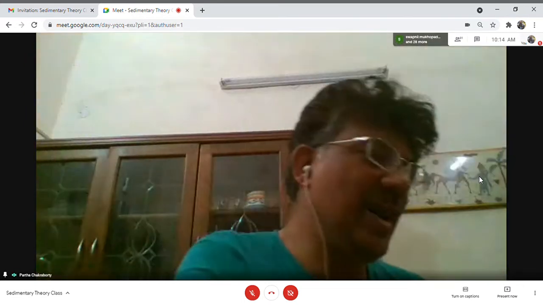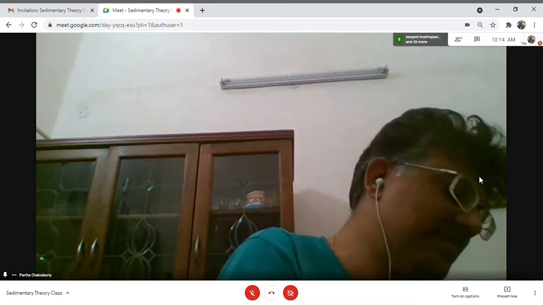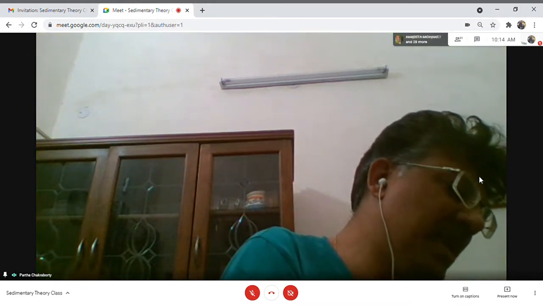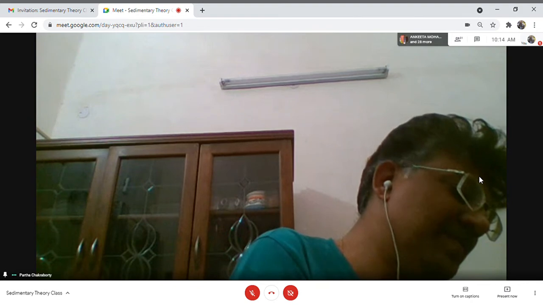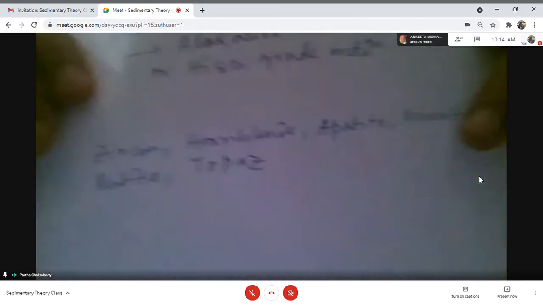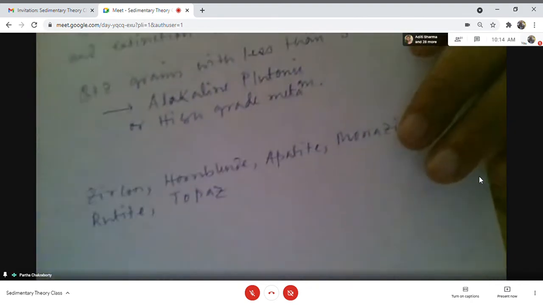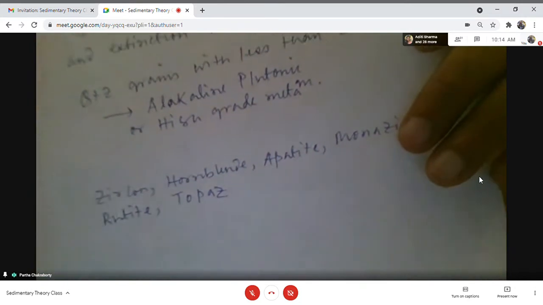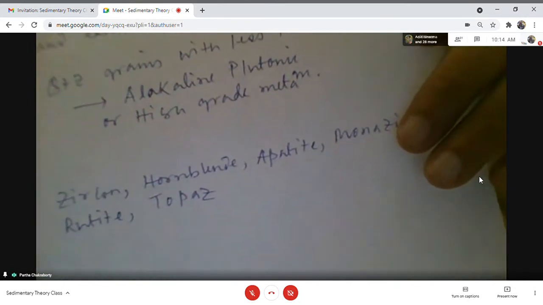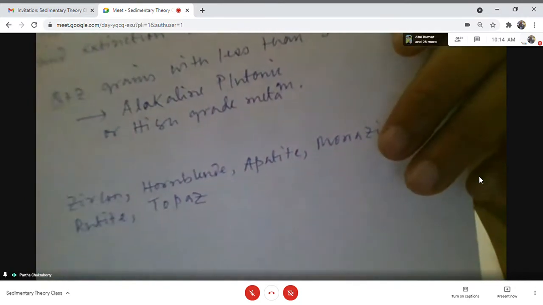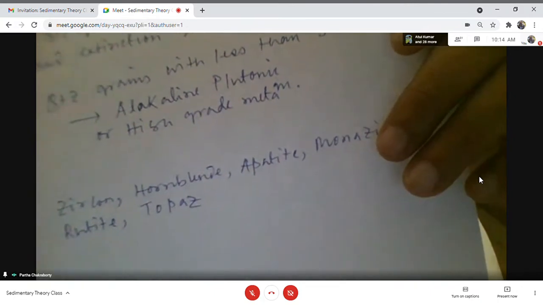Or you can also have rutile, topaz. This kind of situation means your sediment is derived from an alkaline plutonic rock, a granitic source.